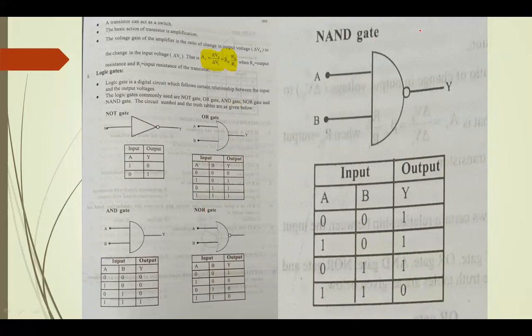Beta is equal to alpha divided by 1 minus alpha. So you have to remember this formula also. Please make a note of that.